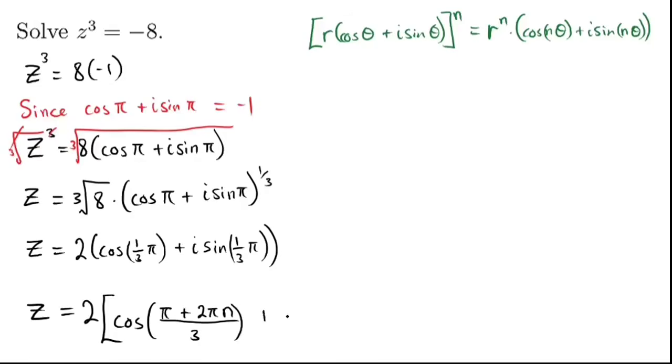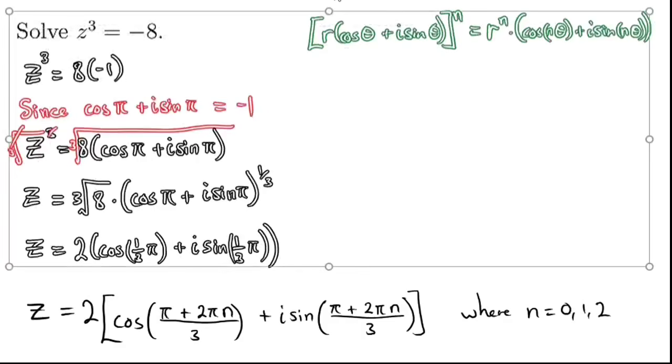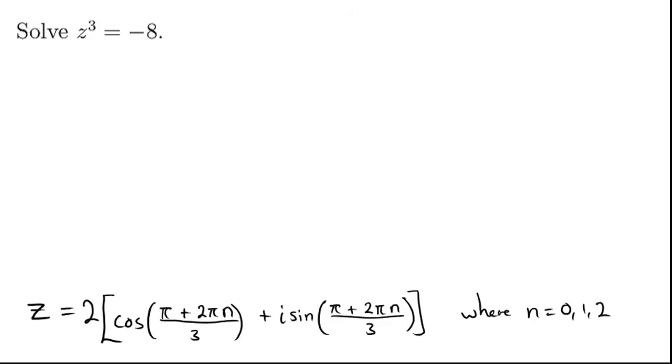So this is more like the generalized version, and not just restricting ourselves to one angle. Now I can simply state that our n value will be 0, 1, or 2. Remember what I said, we need to find 3 values of z. So here's how we're going to do that.